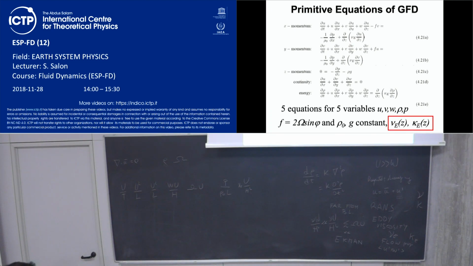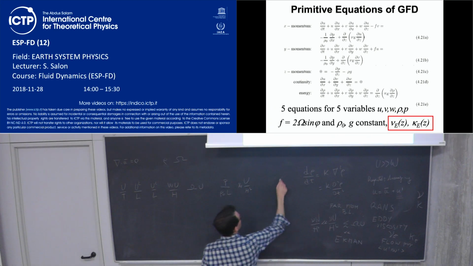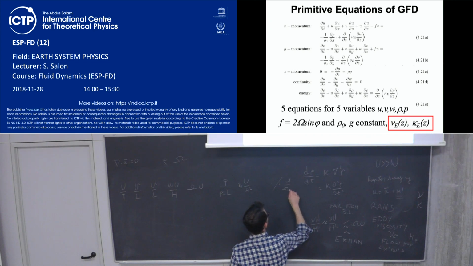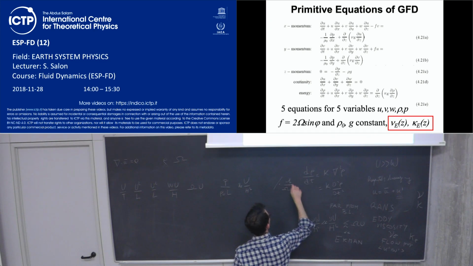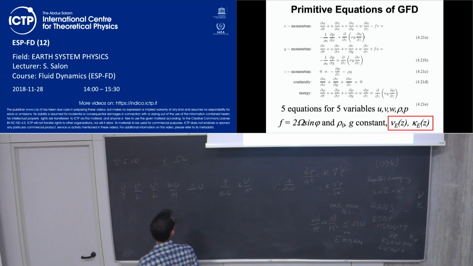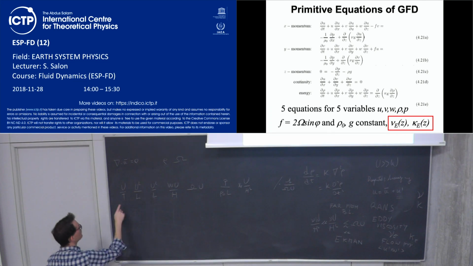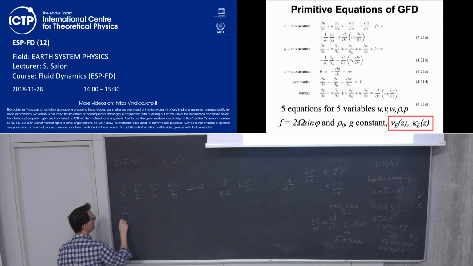As I said before, the rotation is the most important player in GFD. So let's look at what happens if we compare each of these terms with the Coriolis term. It means I will multiply each of these terms by 1 over omega u. Here I will have 1 over omega t.